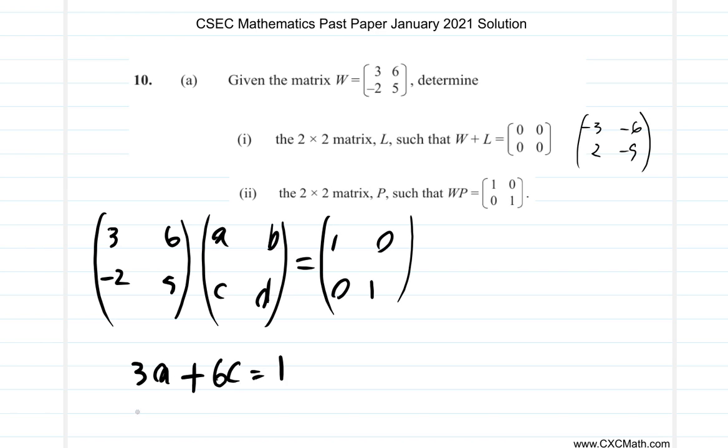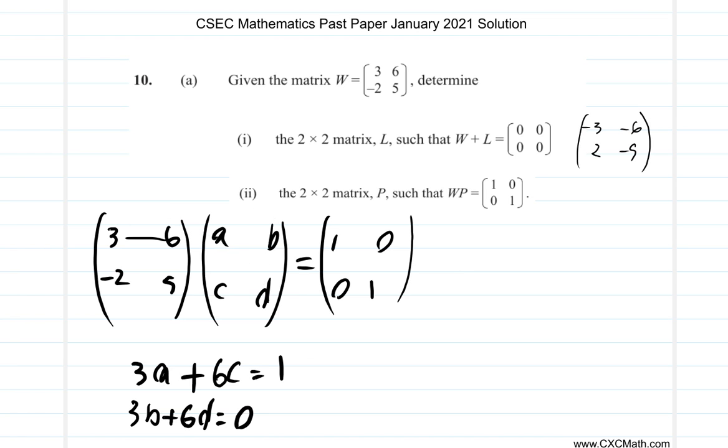Okay, then 3B plus 6D is 0. Remember, you're going to get the element in row 1 column 2, so it's row 1 by column 2. First multiplied by first, 3B, plus second multiplied by second, 6D.